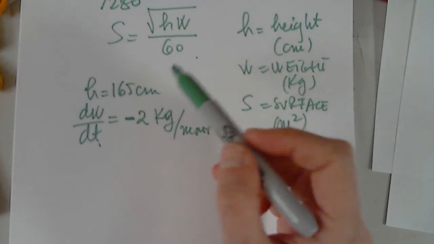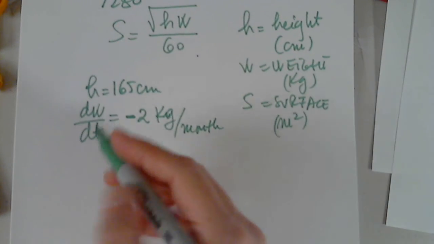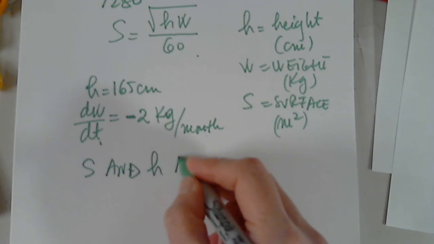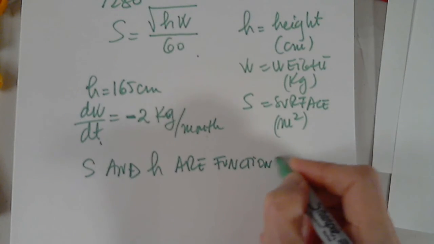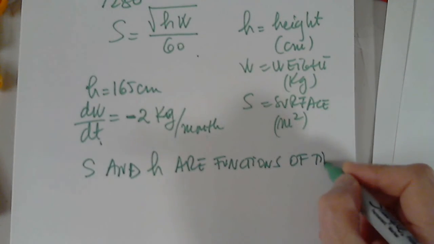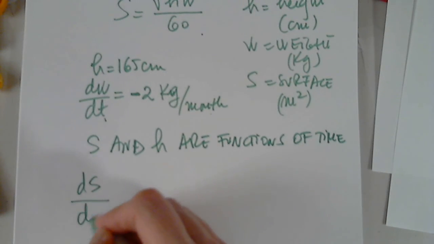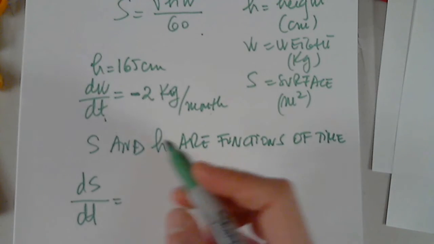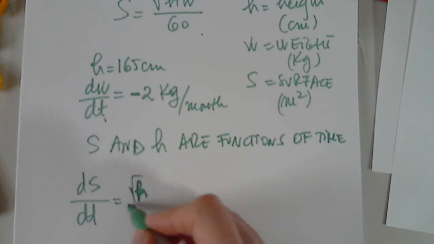Okay, so the height is a constant, W is the only variable, and S is the second variable. So S and W are functions of time. So dS over dt equals the square root of H divided by 60.